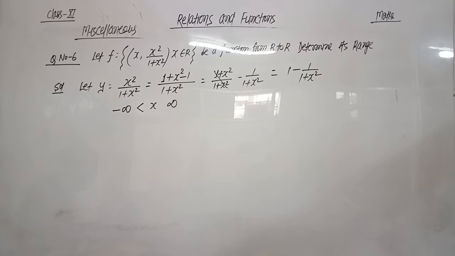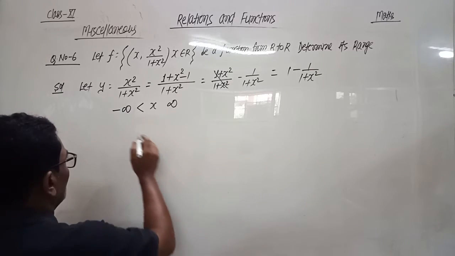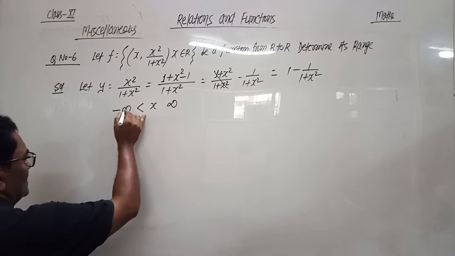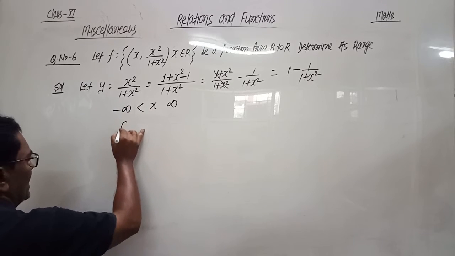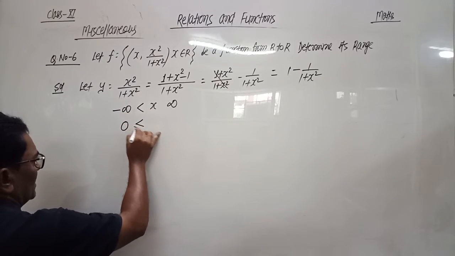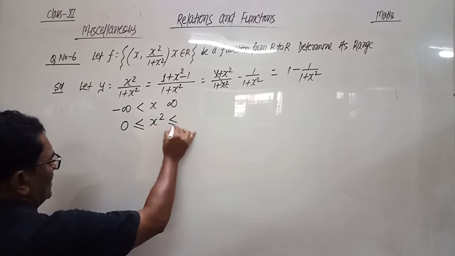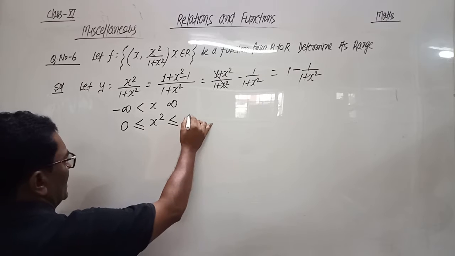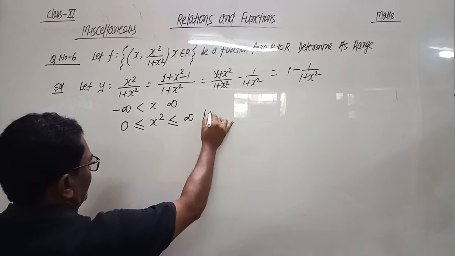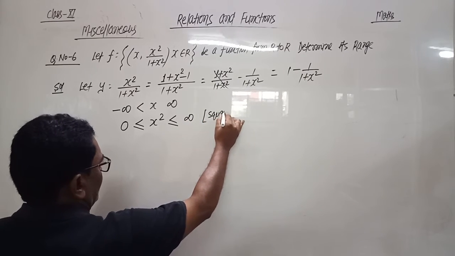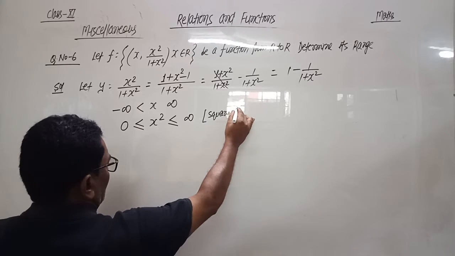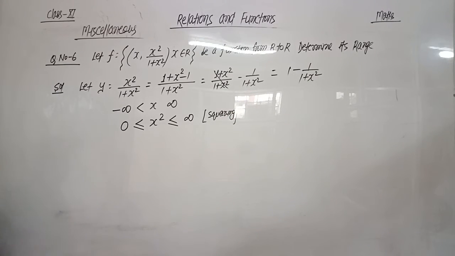Now squaring both sides, minus infinity squared becomes 0, so 0 is less than or equal to x squared, which is less than infinity, since the square of infinity is infinity.